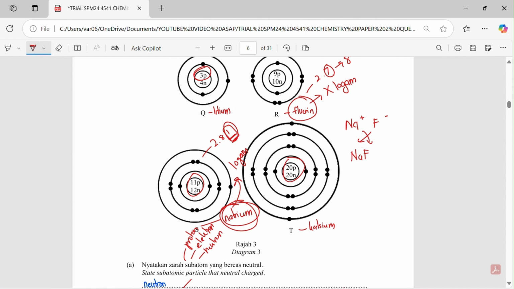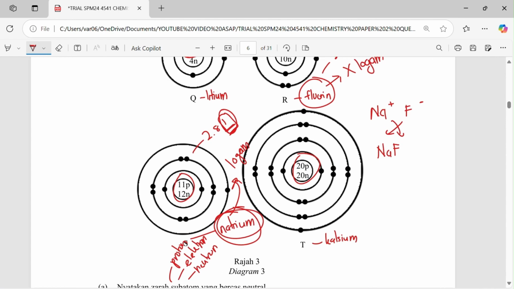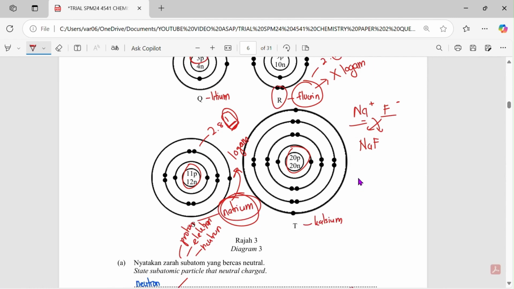Okay, so now even if we know the identity of what Q, R, S and T represent, it's better for you to use the letters that were given. Or if you want to use the actual symbol also can, but it's advisable to just follow the question lah. Question gives you symbol letters, you use the letters, right?